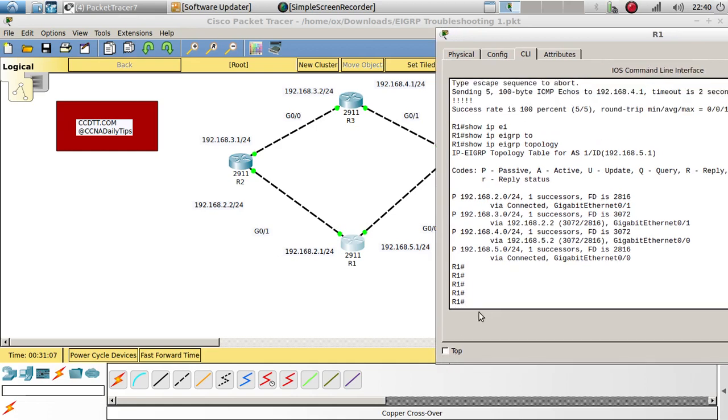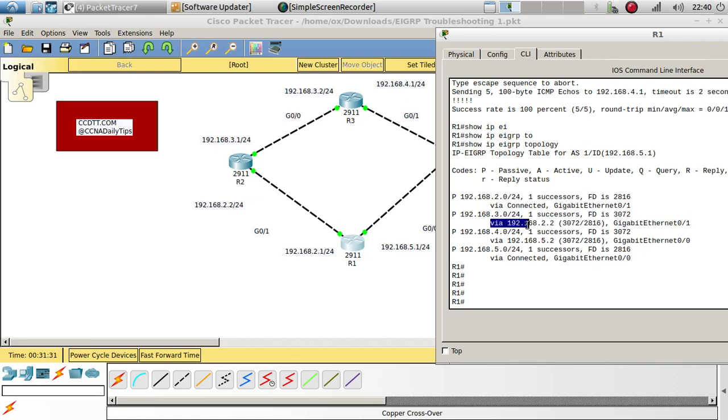And let's see. So to reach 192.168.3.0, we are using this feasible direction, which is going via 192.168.2.2. So it's going to router 2.